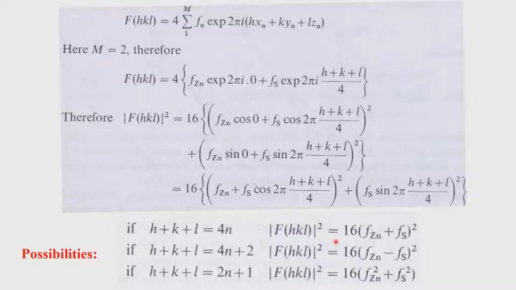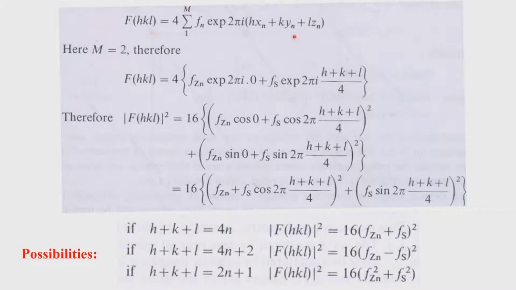This is something we will write down now as the value. So, it is either 16 F Zn F S squared whenever H plus K plus L is 4n, and if H plus K plus L is 4n plus 2, then you will have this value, and if H plus K plus L is 2n plus 1, you will have this value. So, these now are very special to zinc and sulfur. The general systematic absences come from this expression.